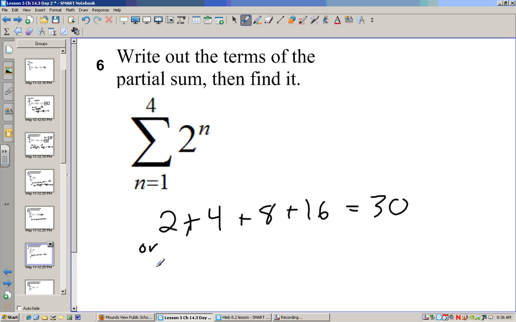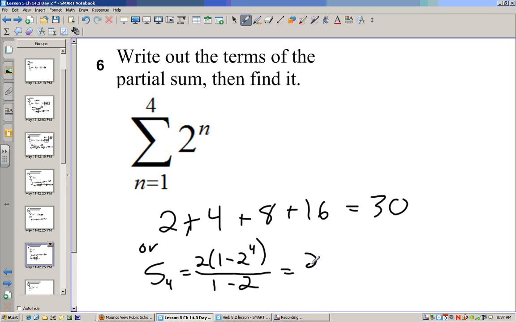So the sum of a geometric series, the sum of the first 4 terms, we take our first term, which is 2, times 1 minus our r, which is 2 again, to the nth power, which is 4th, all over 1 minus my r, which is 2.